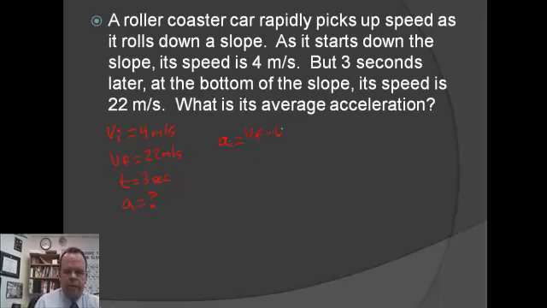Acceleration equals v final minus v initial over t. So our acceleration in this case, now plugging in our values, is 22 minus 4 over 3. So 22 minus 4 is 18, divided by 3, and we get an acceleration of 6 meters per second squared.